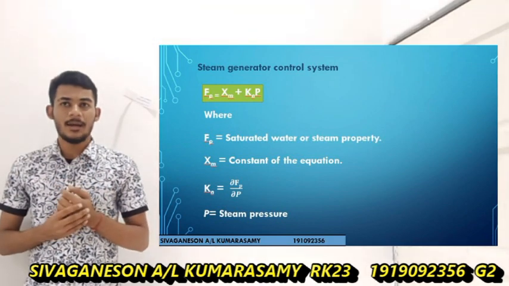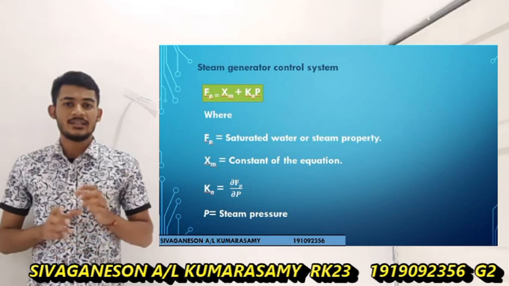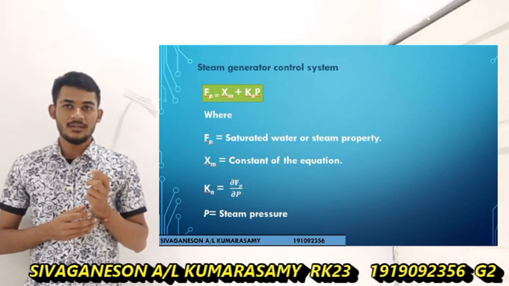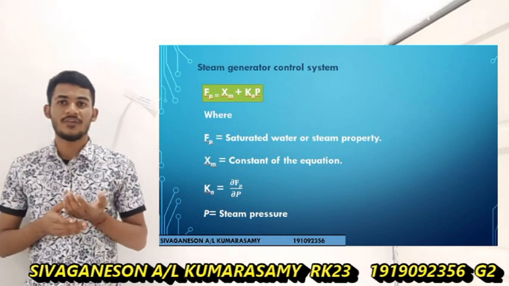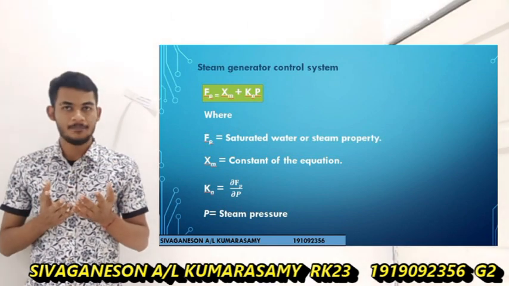Okay, let's see about the steam generation control system, where this equation is used to calculate the constant of the equation, or we can use it to find the Fp, which is the saturated water or steam properties.